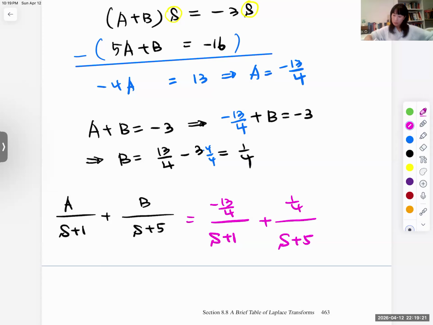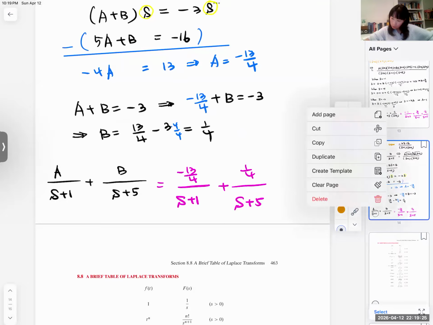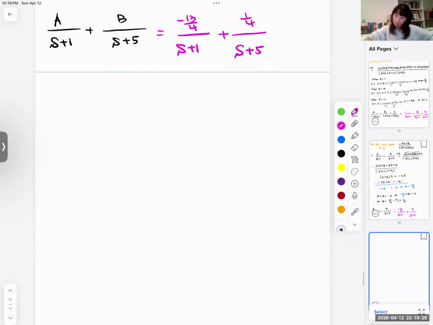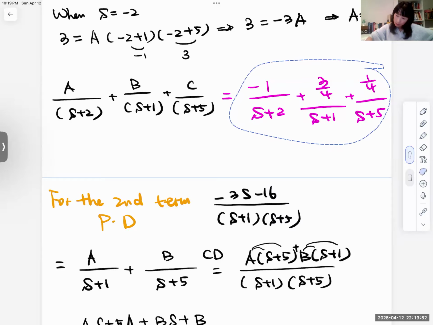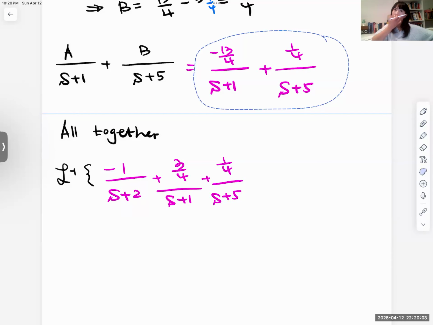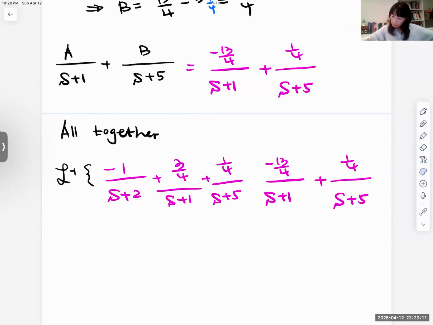So we take the inverse Laplace transform of the first term, and the second term, and then the last term we had already, so we don't need that.